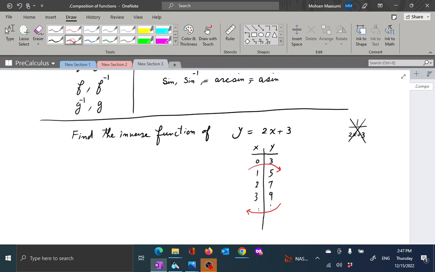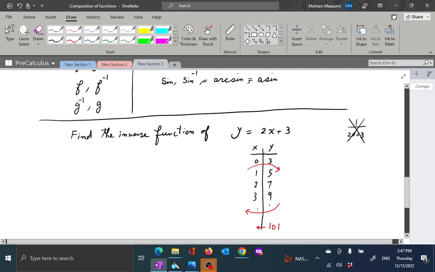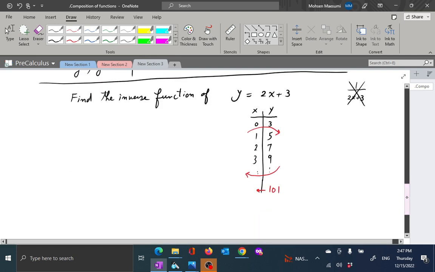Let me go further out. Suppose I give you 101 and ask you what x was associated with that. You can guess, or you can use the formula that you are given. This came because there was an x that you took and plugged into this formula. So there was a 2x plus 3 that came out to be 101.